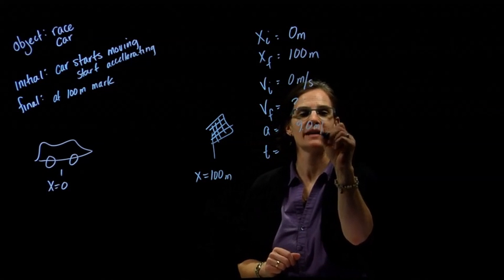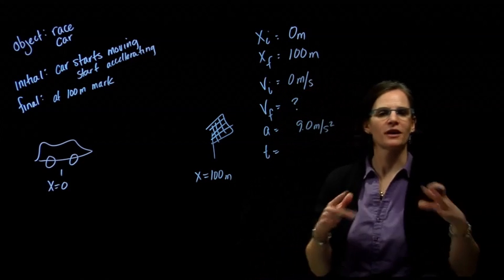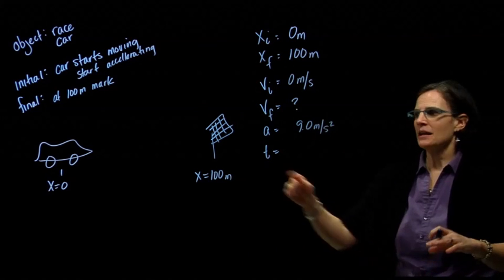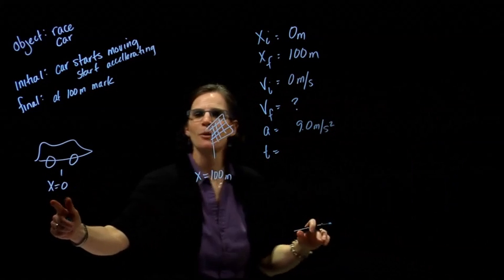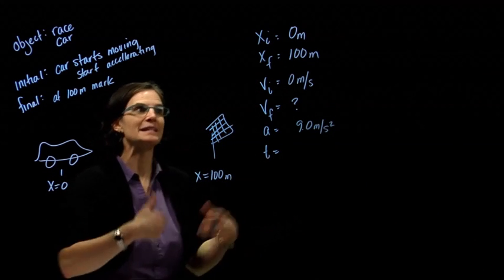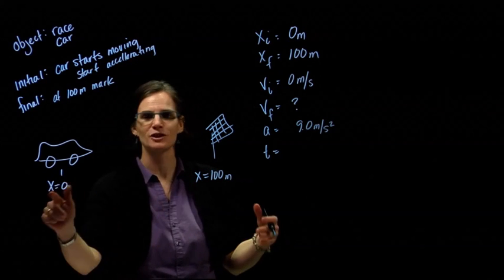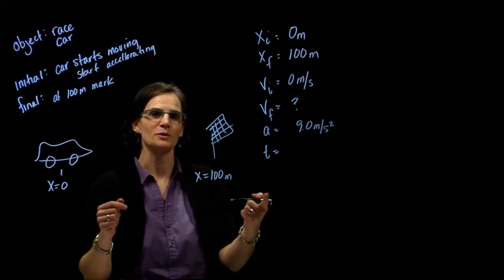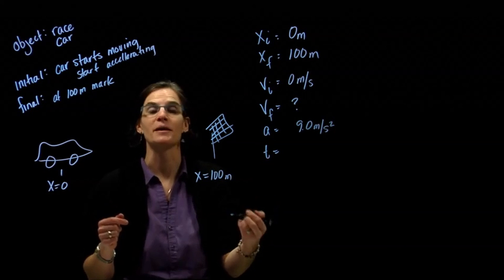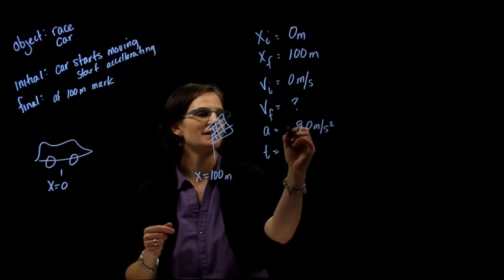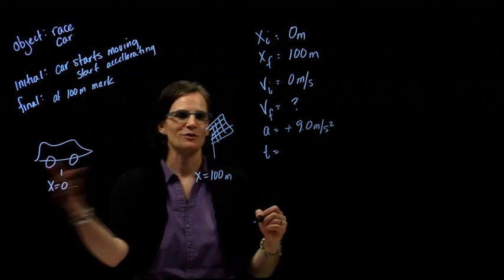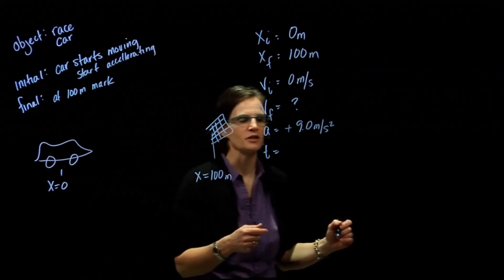Now that's our magnitude, and we want to do that evaluation of direction. If the object is starting at rest, moving to the right, getting faster and faster, then the direction of motion and the direction of the acceleration must be the same. When an object is getting faster, the direction of motion and the direction of acceleration are the same.